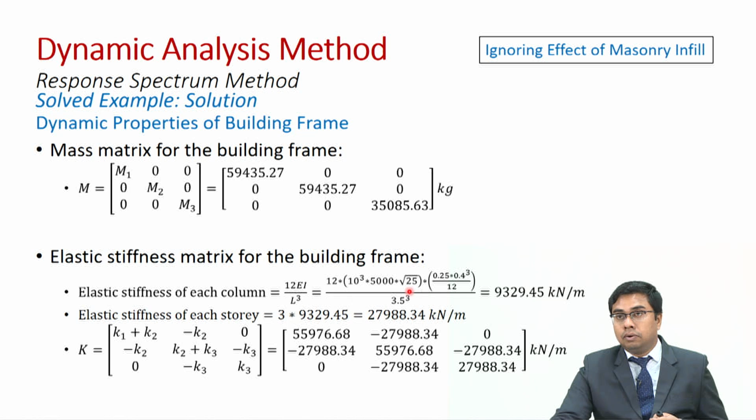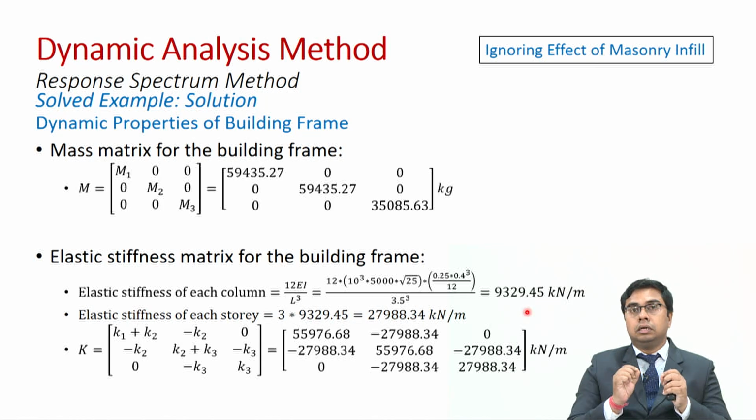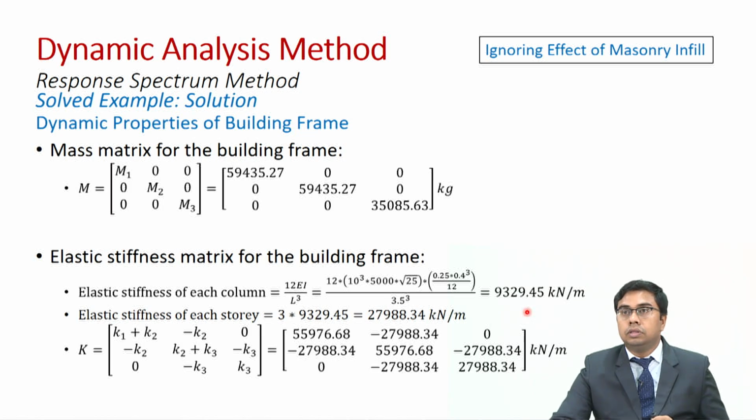That we calculated over here, and then we found that the elastic stiffness of each story shall be 3 times of this. Why 3 times? Because in the frame which we are considering currently, at any given story we have 3 columns. So, for one column, if the stiffness is 9330 kilonewton per meter, then we multiply that by 3 to find the elastic stiffness of that story.